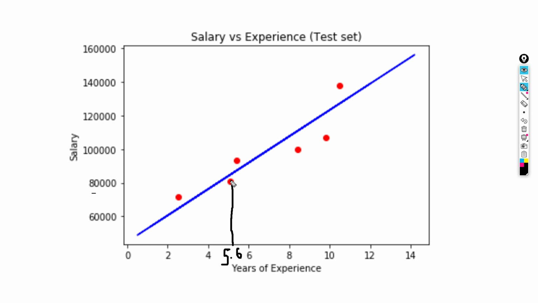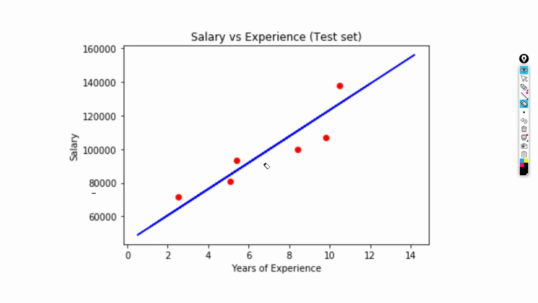How much this person should be getting as a salary is what we're predicting over here. The actual value is something around 80,000, and according to the regression line the value would be a little bit higher. So the value is not 100% accurate, but it is not too far off. There's a very small distance between this point and the point on the regression line.